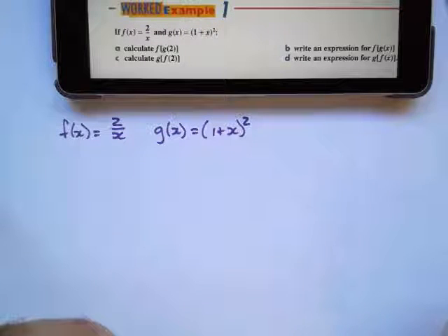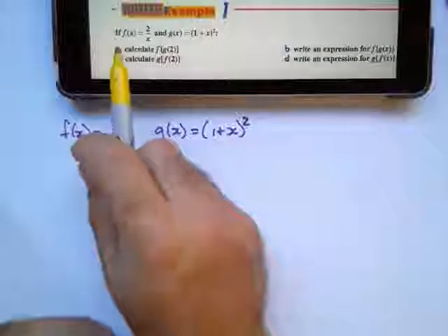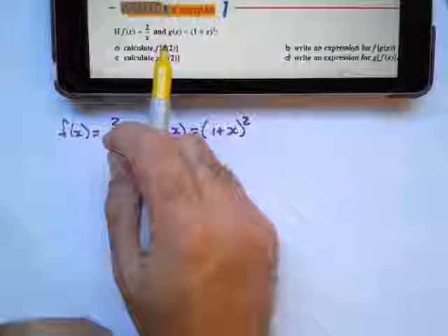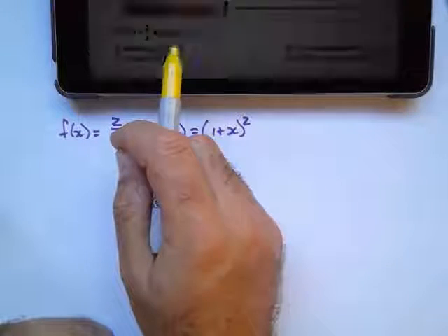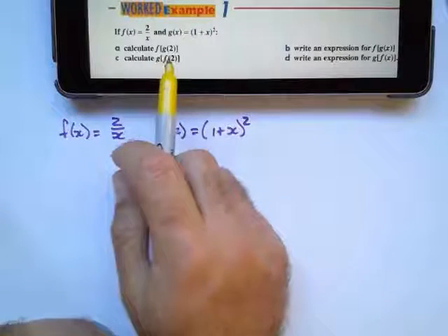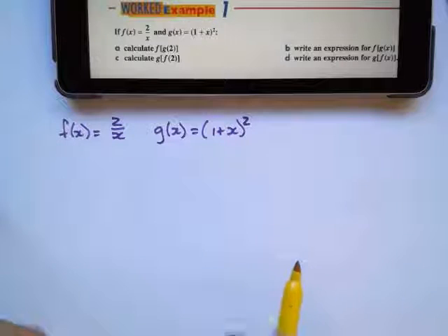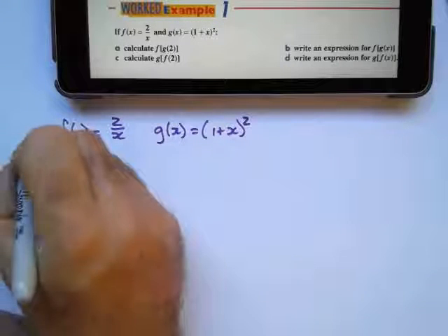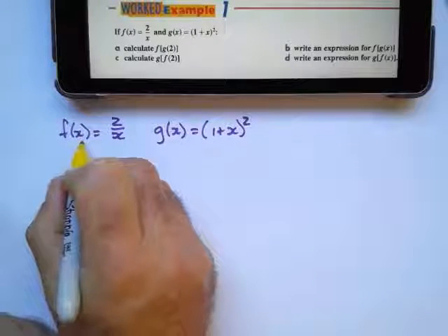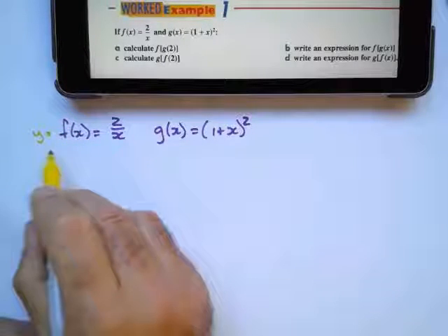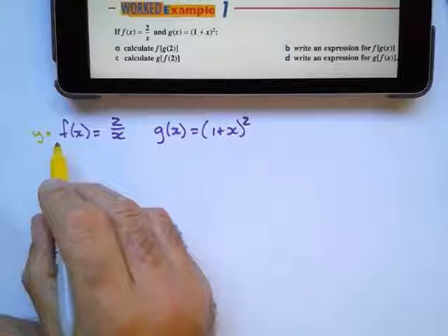In this question, they ask us if the function f(x) equals 2 over x and the function g(x) equals 1 plus x squared, calculate this. So I'm going to take a little bit more time just to quickly remind you of what we're actually saying. We say that y equals the function in x.